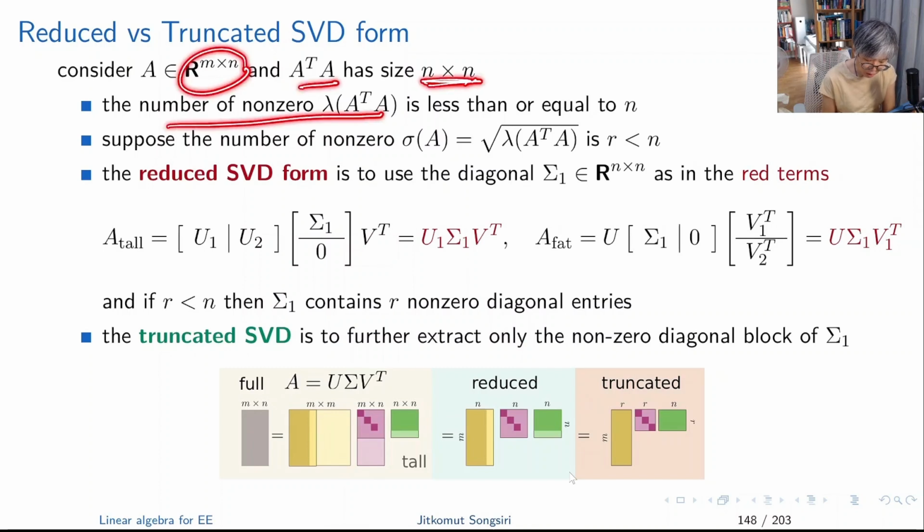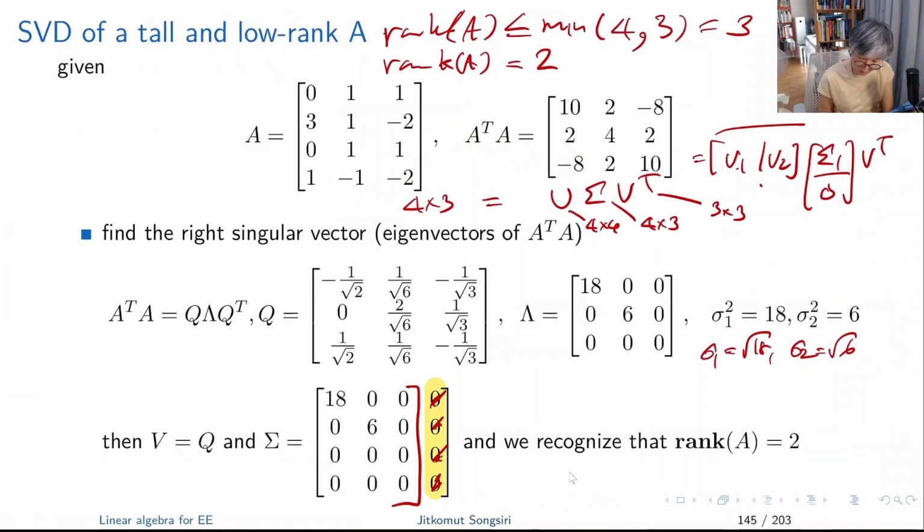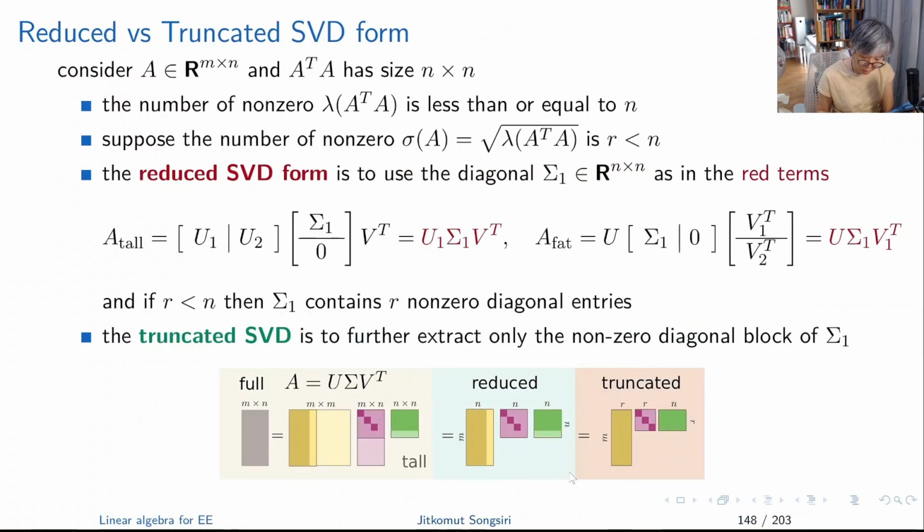So the number of non-zero eigenvalues in A transpose A could be less than or equal to n. In the previous example, n is 3, and the number of non-zero singular values is only 2. So the reduced SVD form uses only the portion of sigma 1 in the calculation.